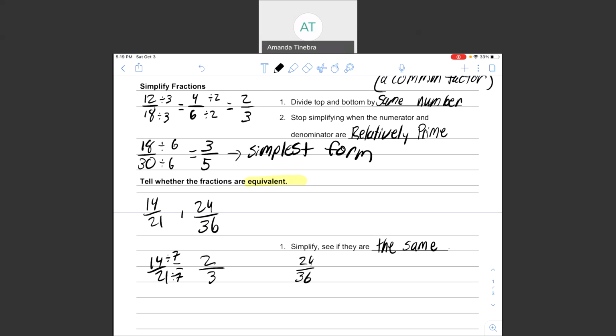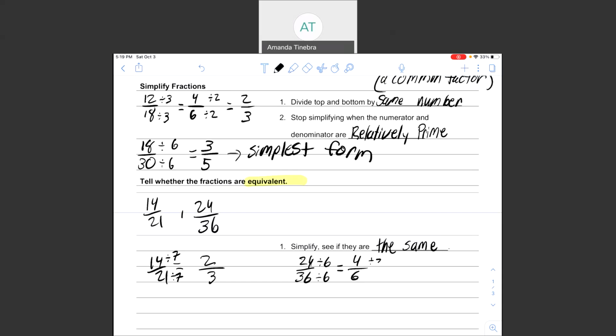I can do the same thing for 24 over 36. So I'll write 24 over 36 over here, and I want to simplify it. So I'm looking for a common factor for 24 and 36. Again, this is a case where there's several. One of them would be 6. I could pick a different one. I would just have to keep going until everything is simplified as far as it can be. 24 divided by 6 gives me 4. 36 divided by 6 gives me 6. 4 and 6, well, I see they still have a common factor.